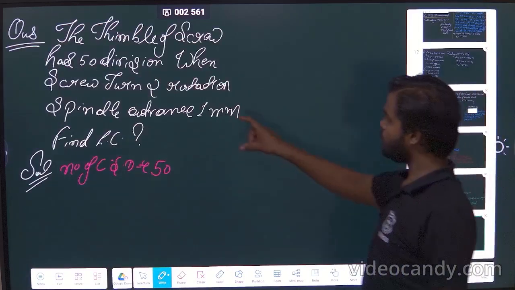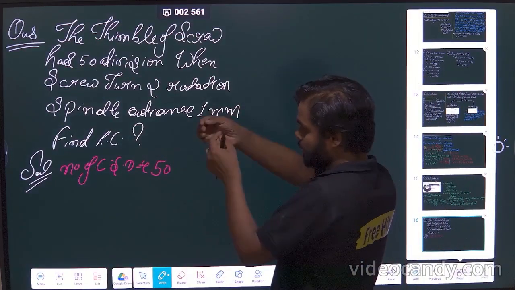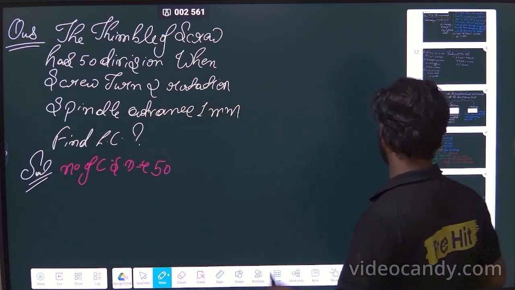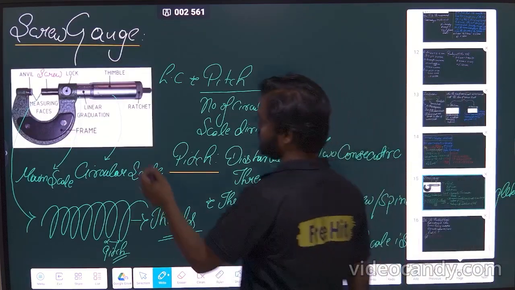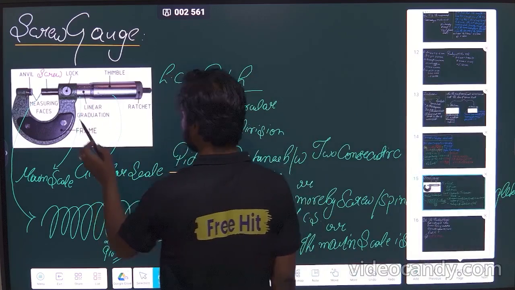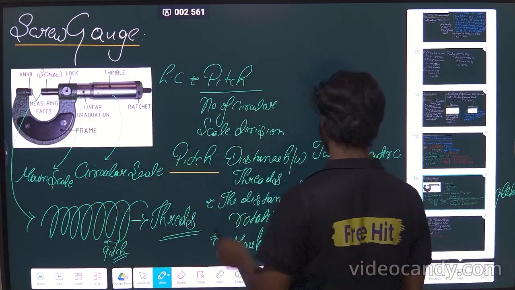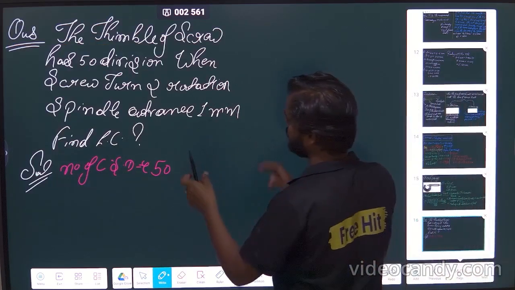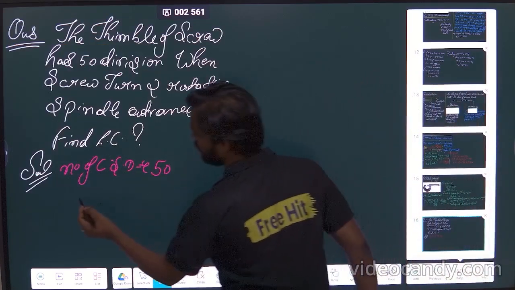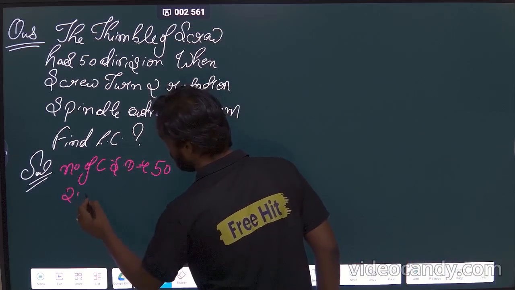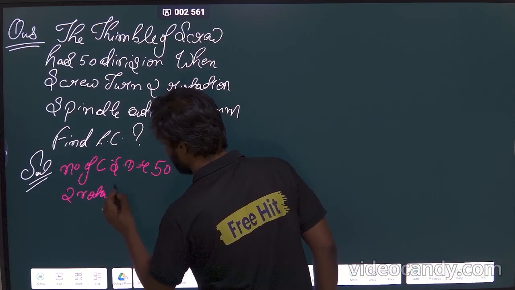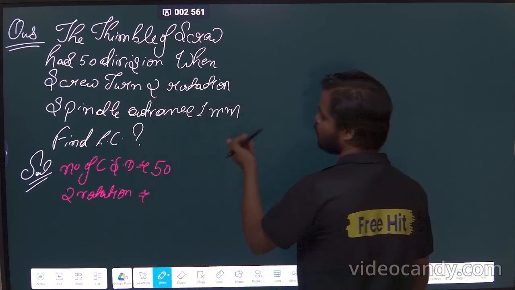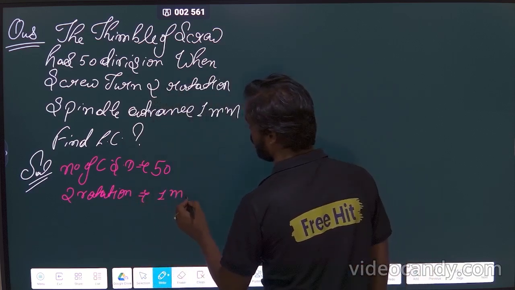So the spindle is moving 1 mm, means in main scale, when it is rotated 2 times, the spindle, this main scale, this is called a spindle. Basically, what it is saying is that 2 rotations is equal to 1 mm on main scale.